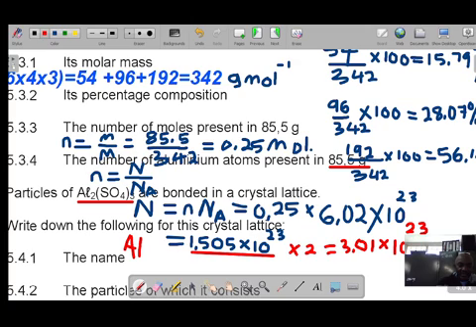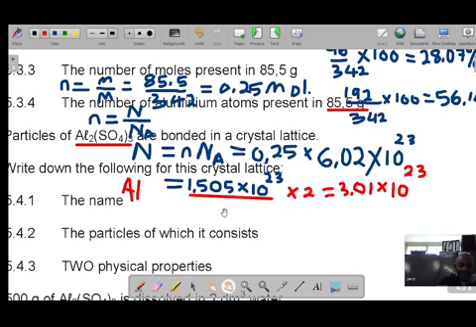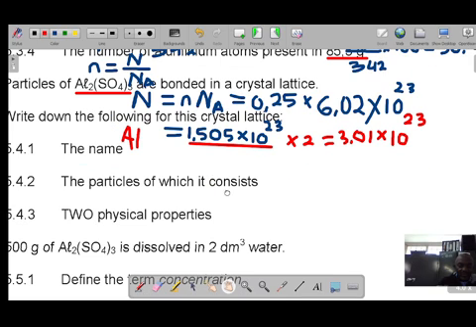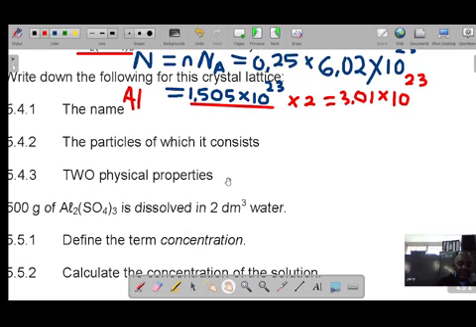So the name. If you look at our particles here, we have aluminium ions and sulfate ions. Because aluminium is positive, a metal, and sulfate is negative, it forms what we call an ionic structure.